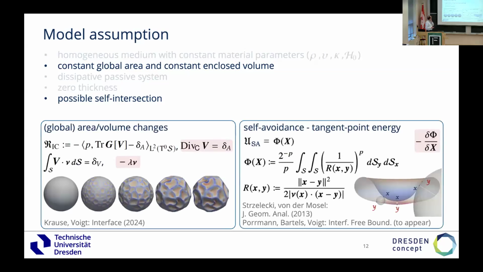And let's start with something where it's pretty much known what to do from other fields. Let's start with this global area or constant volume constraint. Instead of forcing this inextensibility and saying in our constraint that this is zero, we could also say it should be some value, or it should even be some function which depends on time or space.